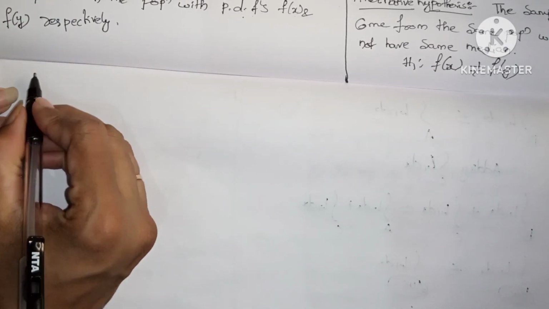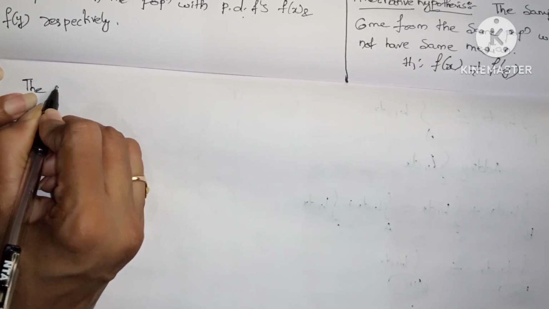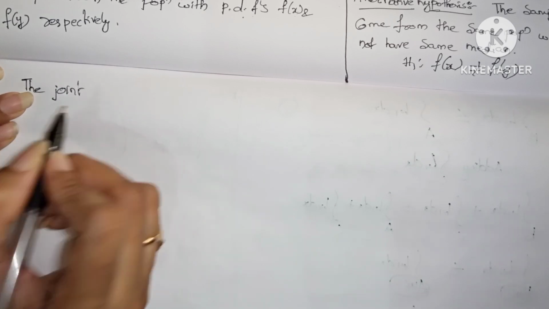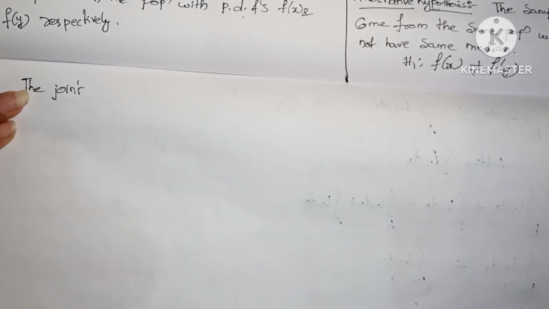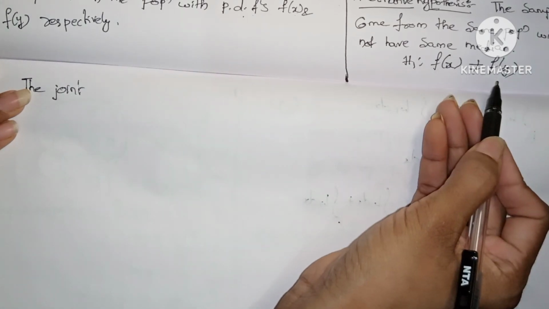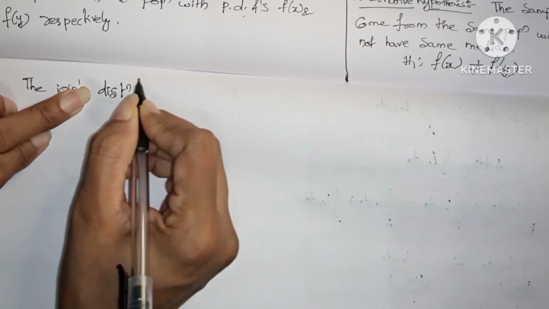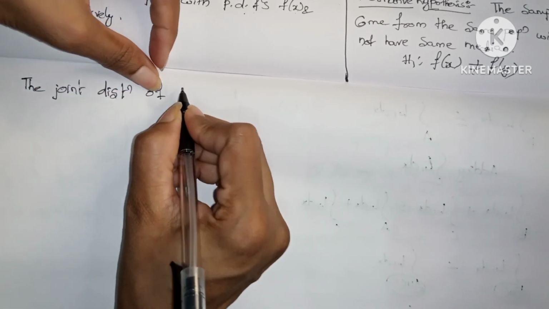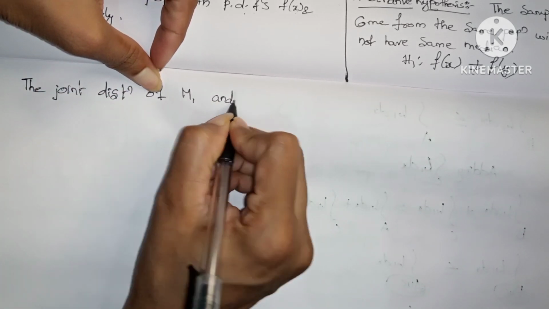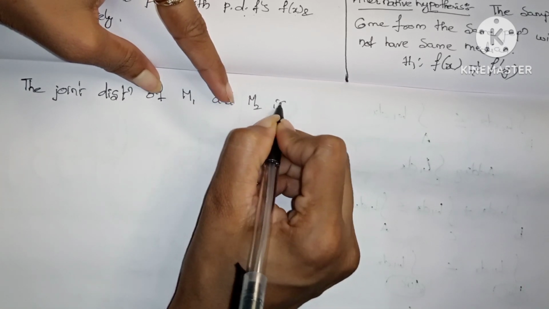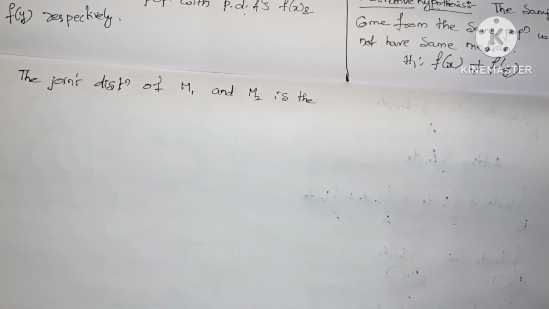So that is nothing but the joint distribution. We all know that when we are using x and y variables together, it comes under joint distribution. If you are using only one of x or y, it comes under marginal. Here we are using both f of x and f of y, so the joint distribution of m1 and m2 is the hypergeometric distribution.